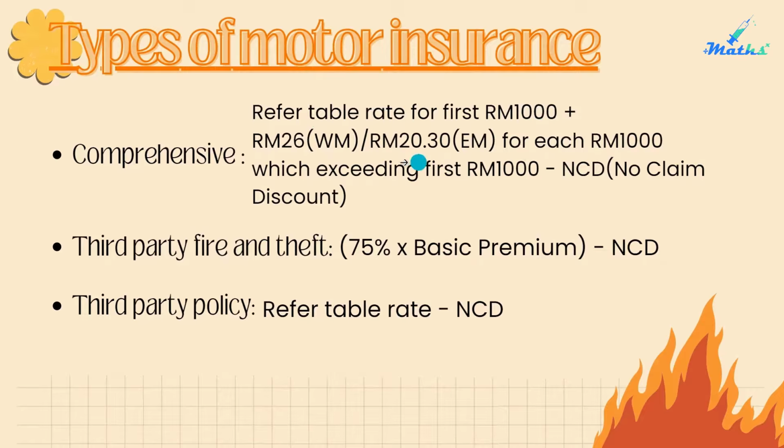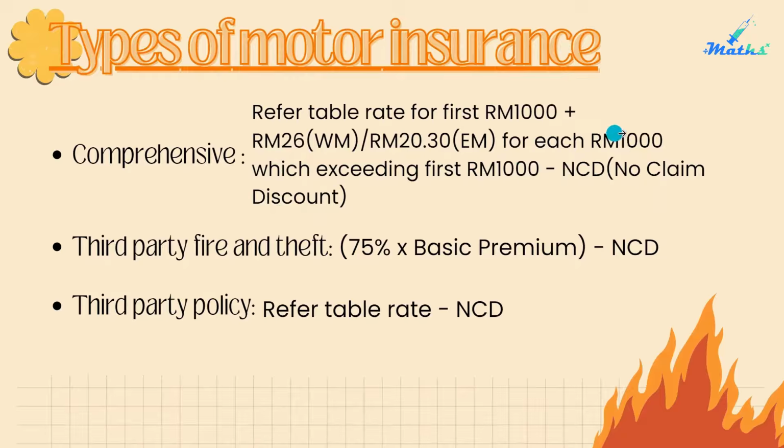Then we add 26 ringgit for West Malaysia or 20 ringgit 30 cent for East Malaysia for each 1,000 exceeding the first 1,000 ringgit, and we subtract the no claim discount, which is the NCD.